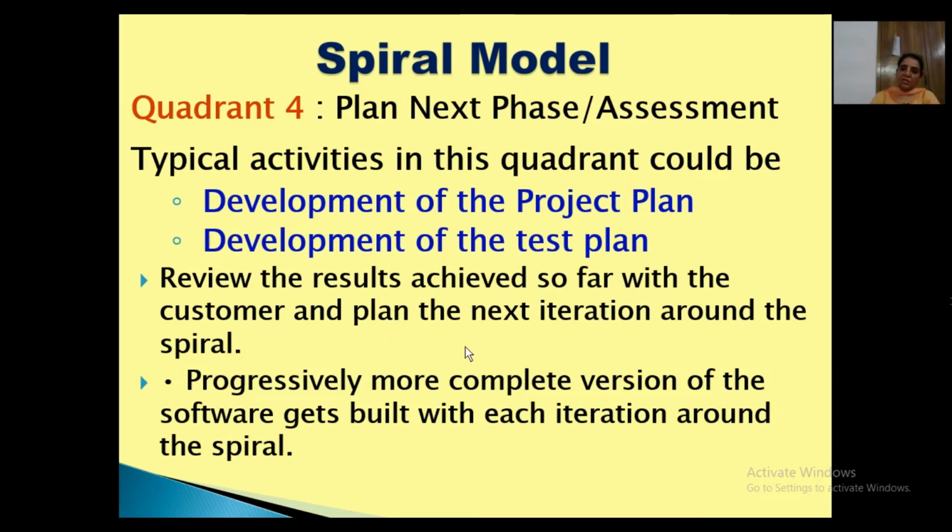Means if the customer is not satisfied, you have to go for another iteration. A progressively more complete version of the software gets built with each iteration around the spiral, and in case your software is ready and approved, then plan out how to release it.